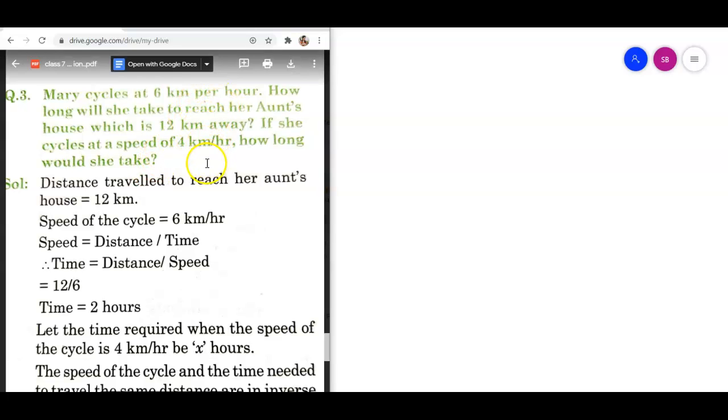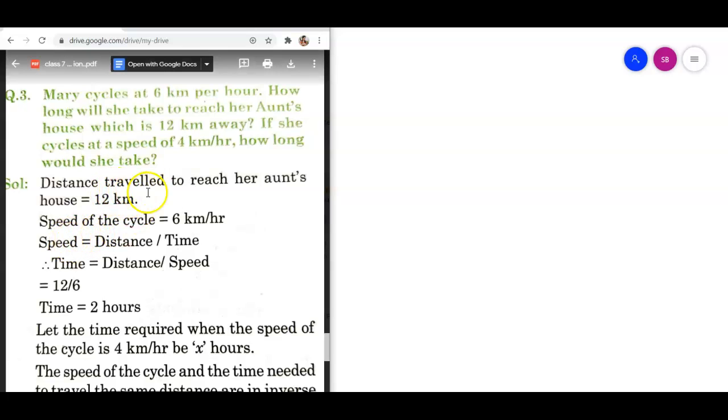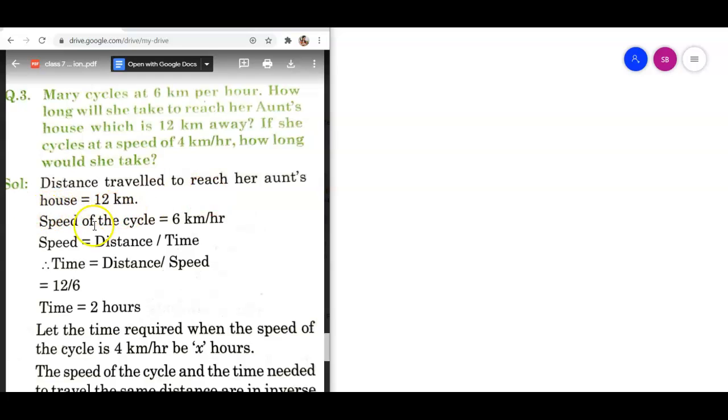Now this type of question is a little different. This type of question can be asked in the examination for 4 marks or 5 marks. Distance travelled to reach her aunt's house is 12 kilometers.